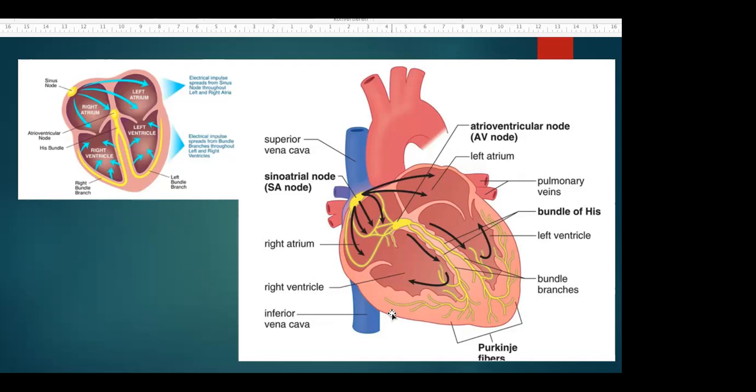I know you can do pacemakers, ventricular pacemakers, but that is more of a surgical care. Yeah, you have two types of pacemakers. You have the surgical pacemaker, the permanent one, and you have the temporary pacemaker.